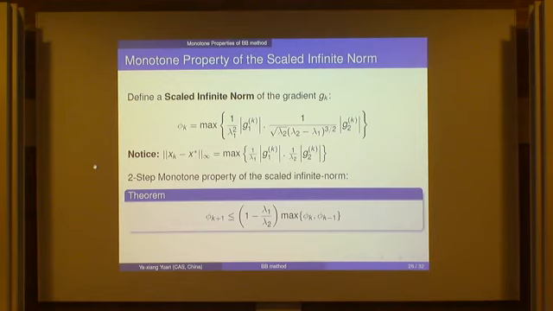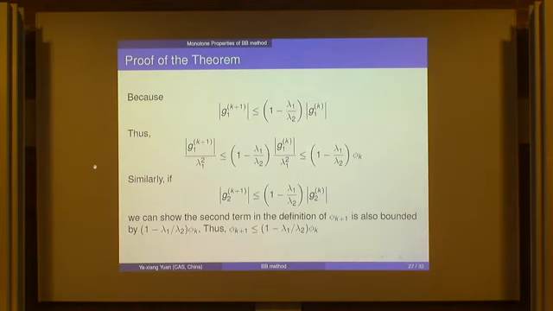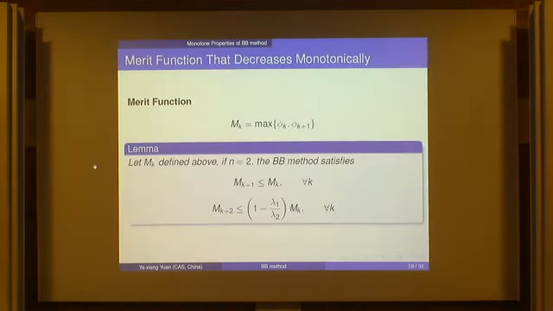If we define the maximum of these two as one quantity, it will be monotonically decreasing and converging linearly. I will not go into the detail of the proof. If any of you want to know, send me an email. I can send you the slides. So that's what I'm trying to say.